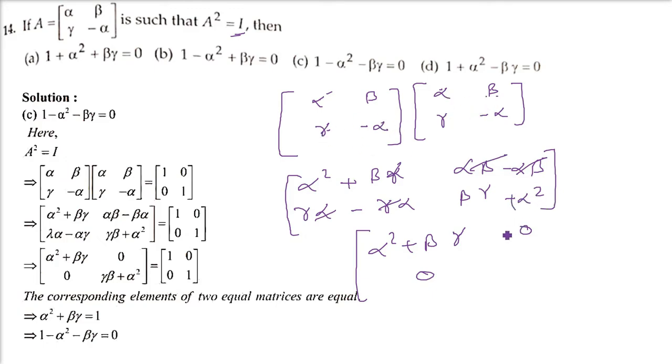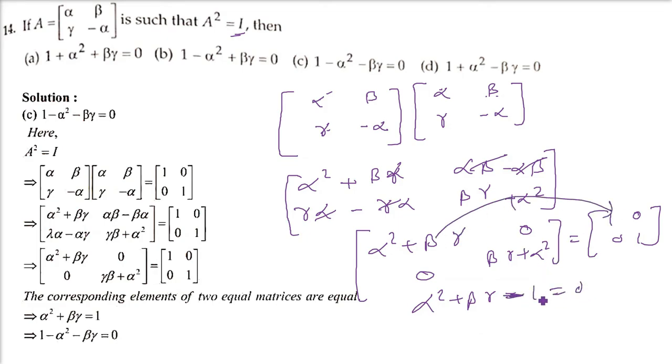It will be beta gamma plus alpha square equals the identity matrix, that is going to be 1 0 0 1. Okay, now let us equate it. See, alpha square plus beta gamma is equal to 1. From the second also you get alpha square plus beta gamma is equal to 1. In both the cases you get this.